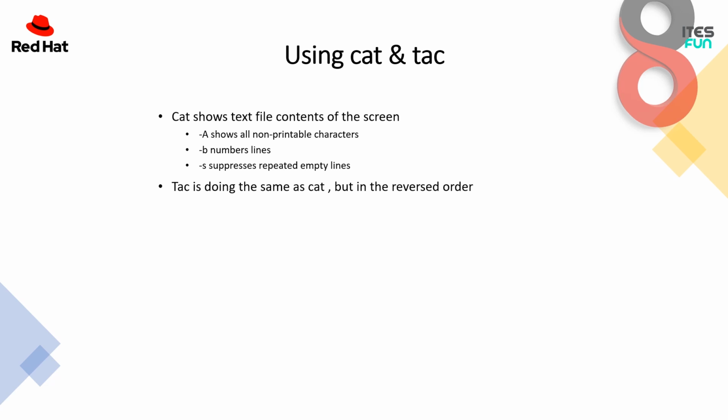The -s option suppresses repeated empty lines. Now, tac does the same as cat but in reverse order.